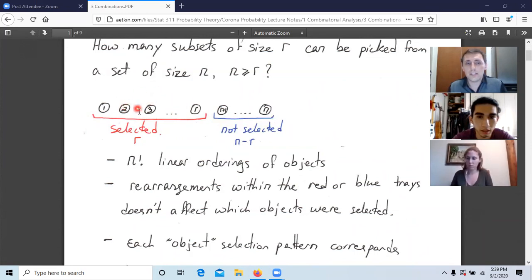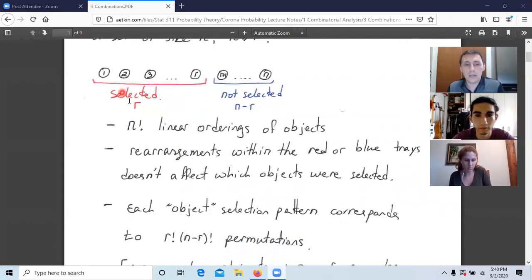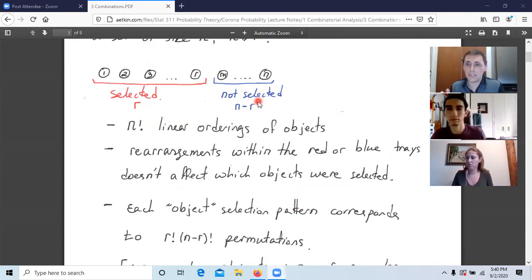Now, you can see that I can shift around all the R individuals, so there are R factorial ways to shift them, and n minus R factorial ways to shift the individuals in the blue tray. I know that every actual outcome of selected and deselected corresponds to R factorial multiplied by n minus R factorial permutations. Do you understand what I'm saying? A permutation is like a word. There are n factorial words, each of the same length.